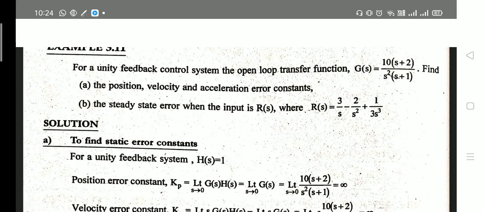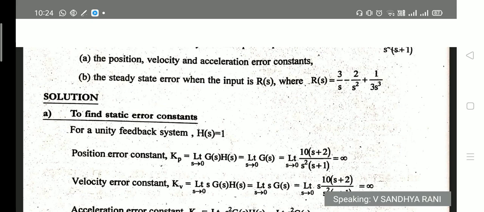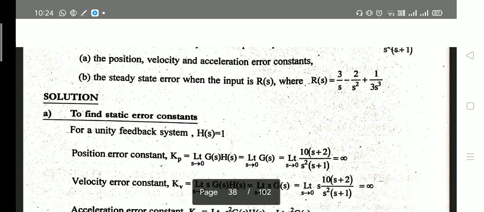In place of s I am substituting 0, so 1 by 0 means infinity. So the positional error constant will be infinity.